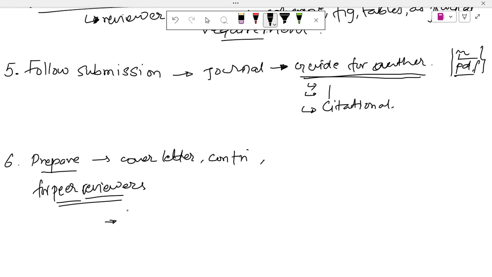And after you make necessary changes to improve your paper, they will publish it. It will take some time, but be patient. You are going to publish your research paper.